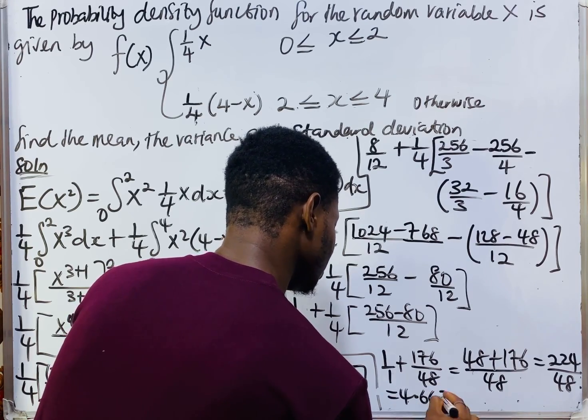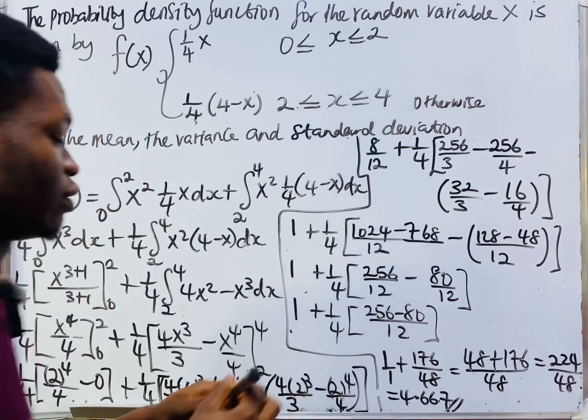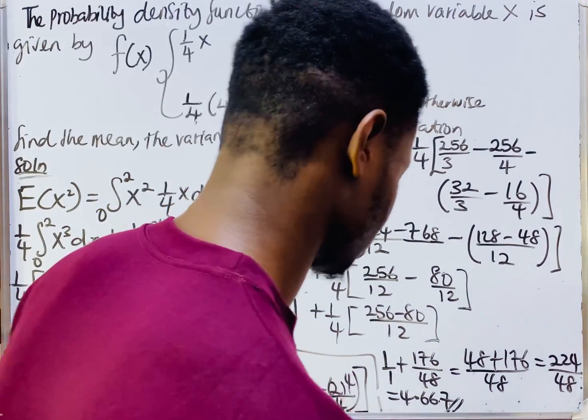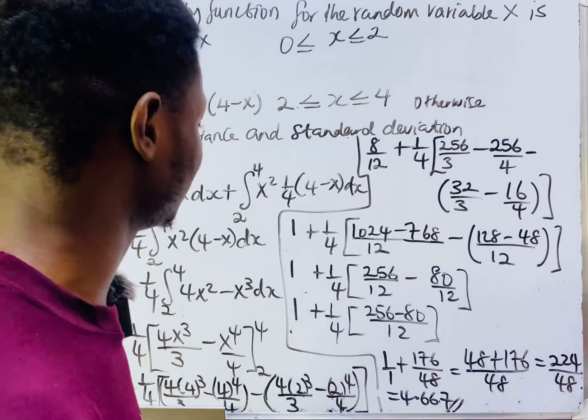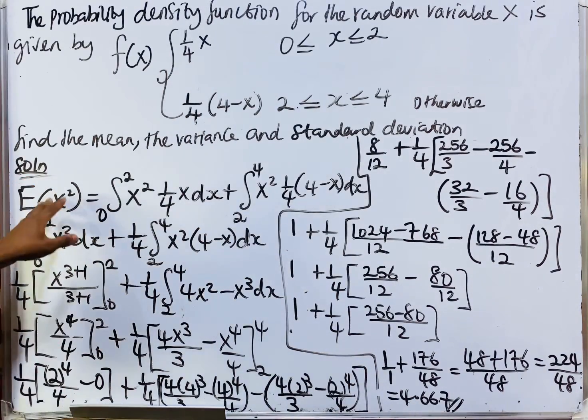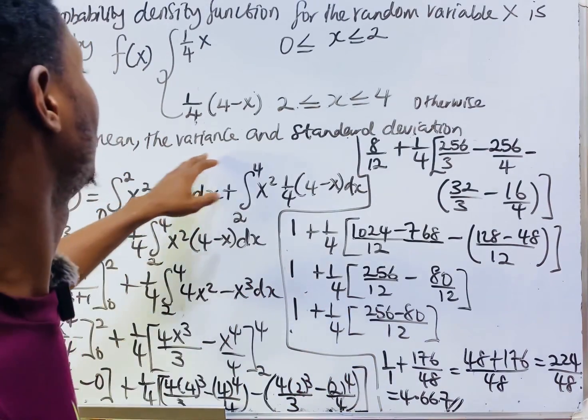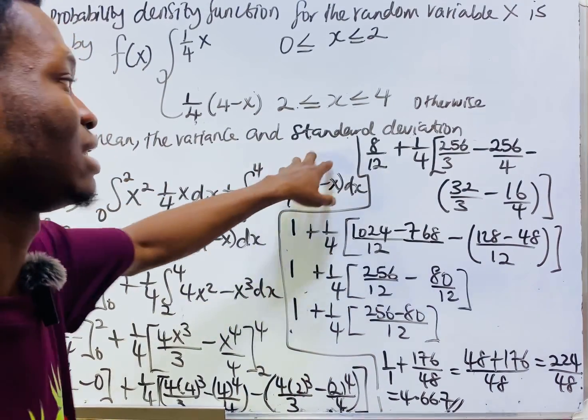Let's approximate it to 4.667. So this is our correct answer. Thank God it did not affect much. We got 4 point something in the other one. So we have gotten the expectation of x. Now we are to find our variance and the standard deviation.